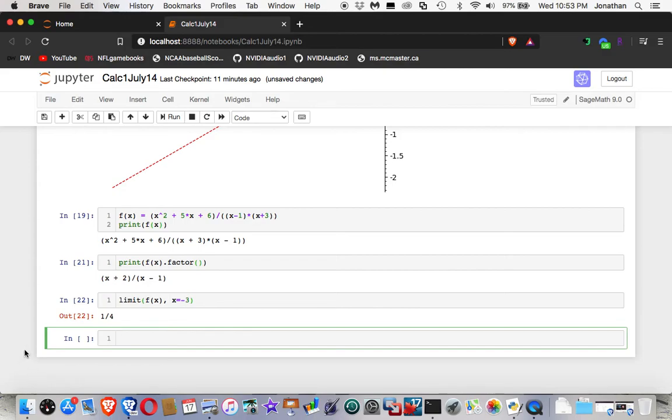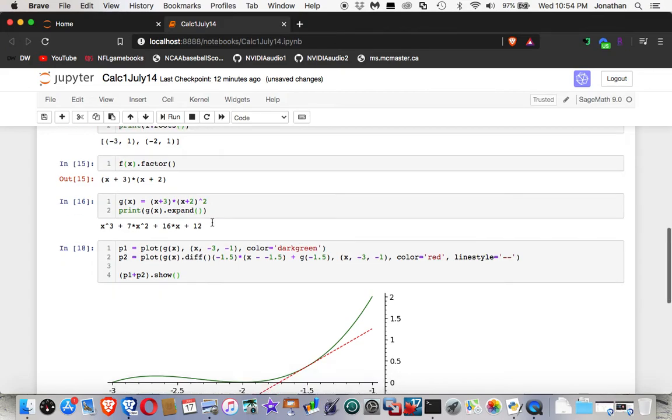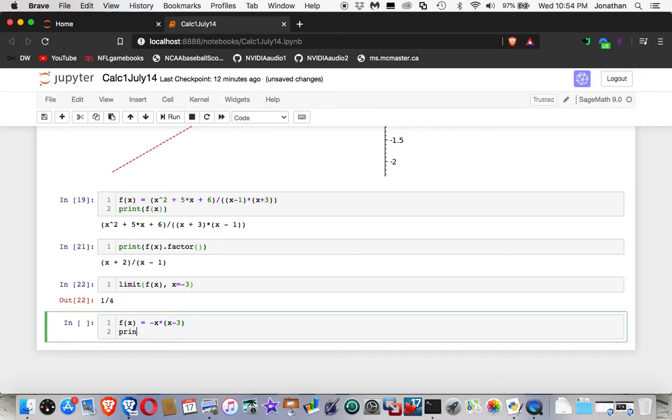Okay, and then the last thing that I want to do is just show you how you could use this to find derivatives. So let's see. Up here we had our g of x. I'm not going to use this one. I'll define f of x to be minus x times x minus 3, which is something that we found the derivative of before.